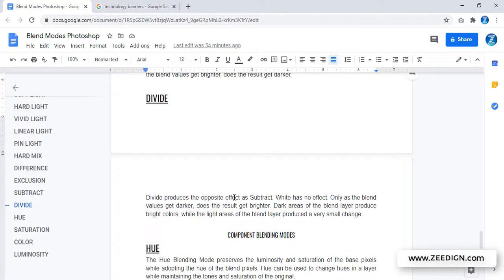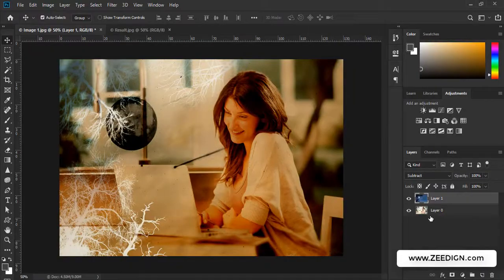Divide produces the opposite effect as subtract. White has no effect. They are quite similar to each other, only the technical differences are that in the contrast category, it was all about moving some value above the threshold value or below the threshold value, and that threshold value was 50% gray.